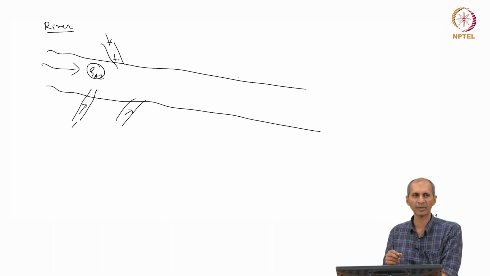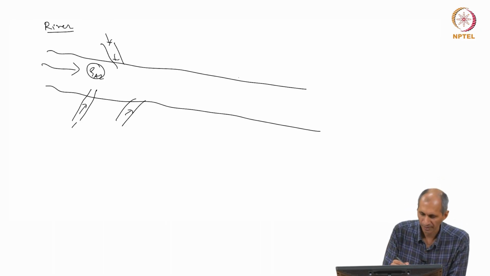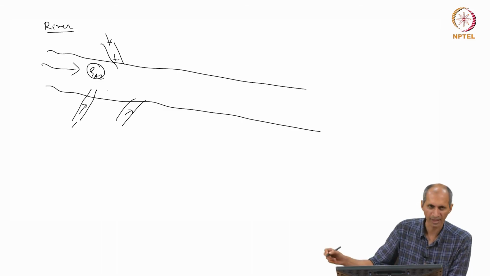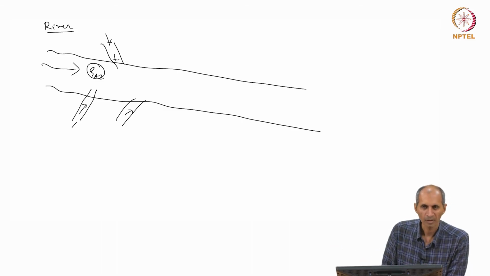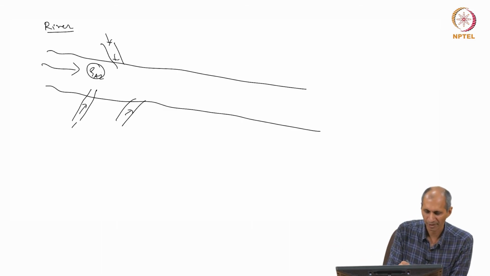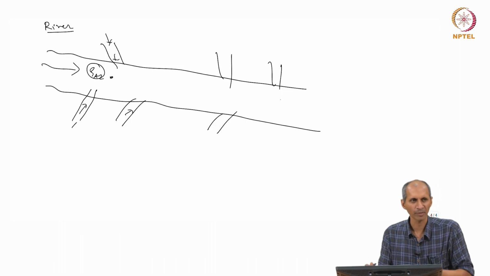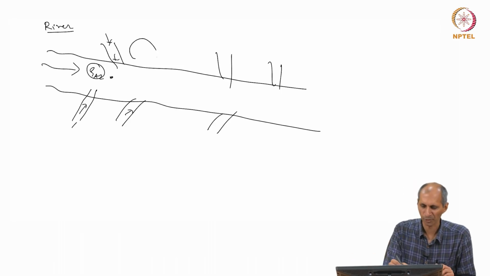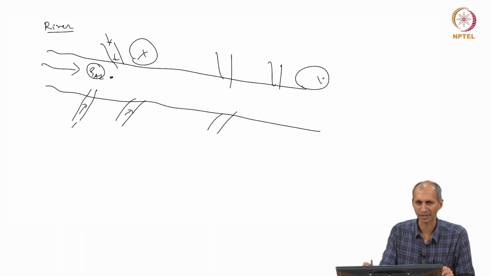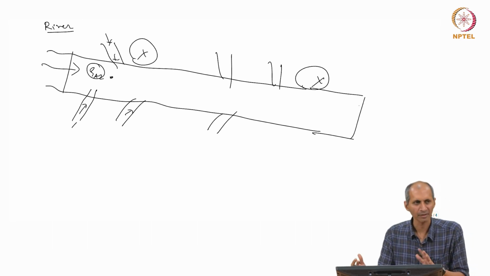So, when you write a mass balance, it can be for the entire river. But if a material is coming here and there are 3 sections, it is very difficult for me. There is a group of population which lives here and a group of population which lives here. How will I model this system?